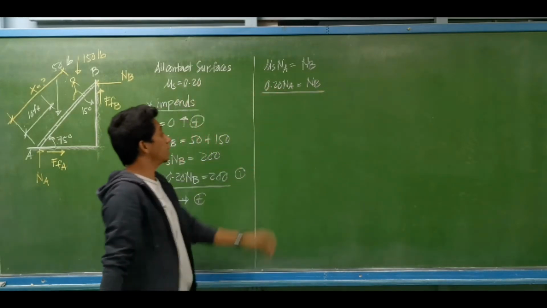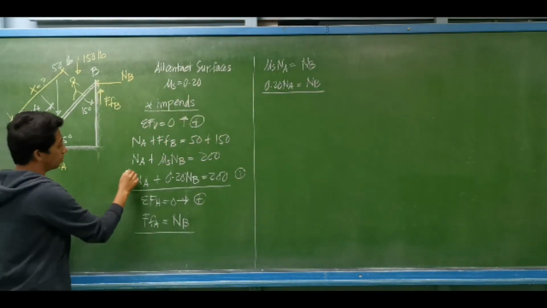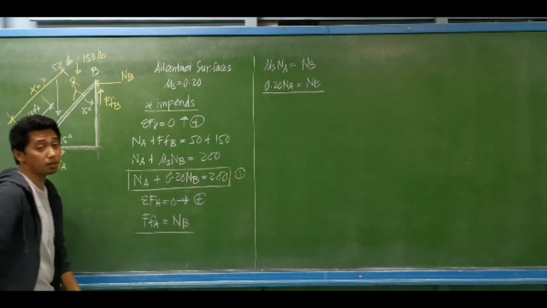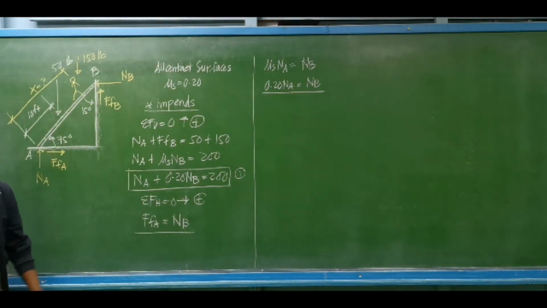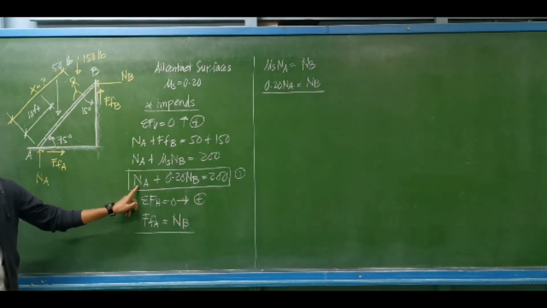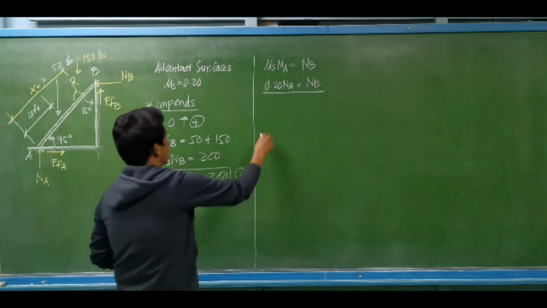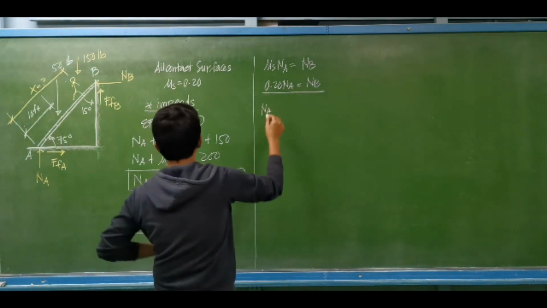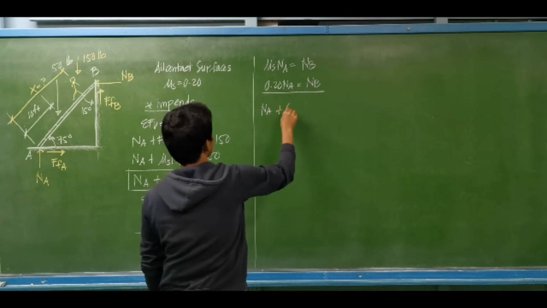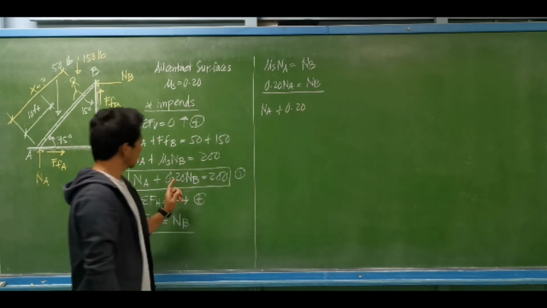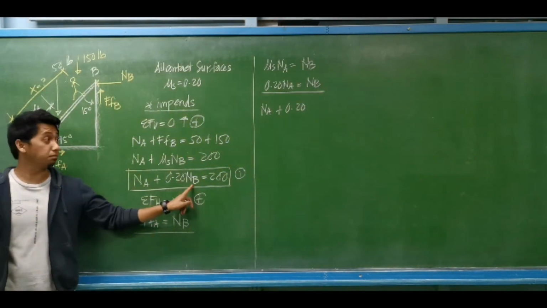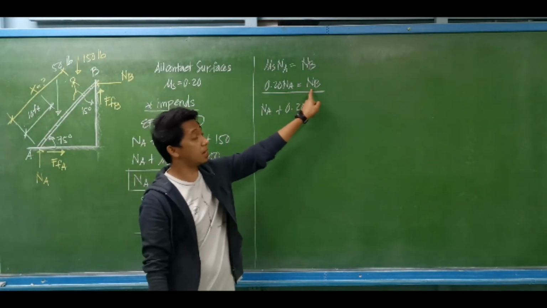Since we have that equation, we may solve one of the unknowns by substitution. Let us compute for the normal reaction at A. From equation 1, we have the normal reaction at A plus 0.20 of the normal at B. What is the equivalent of the normal reaction at B?